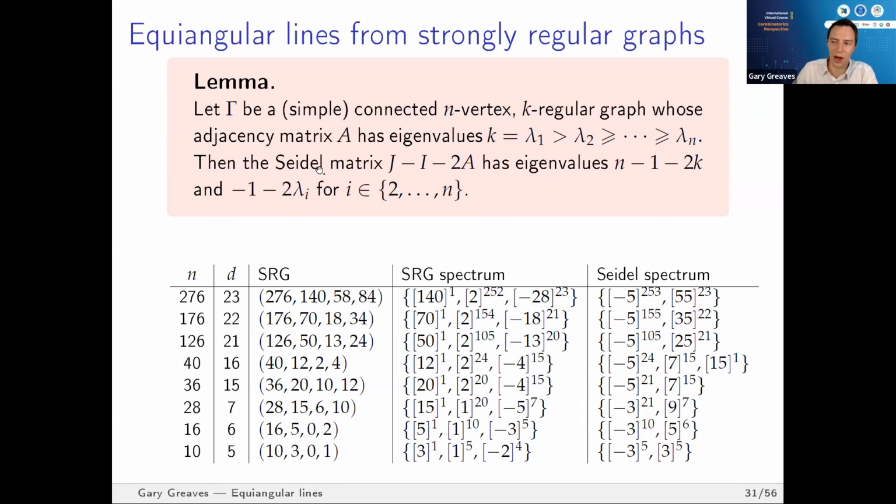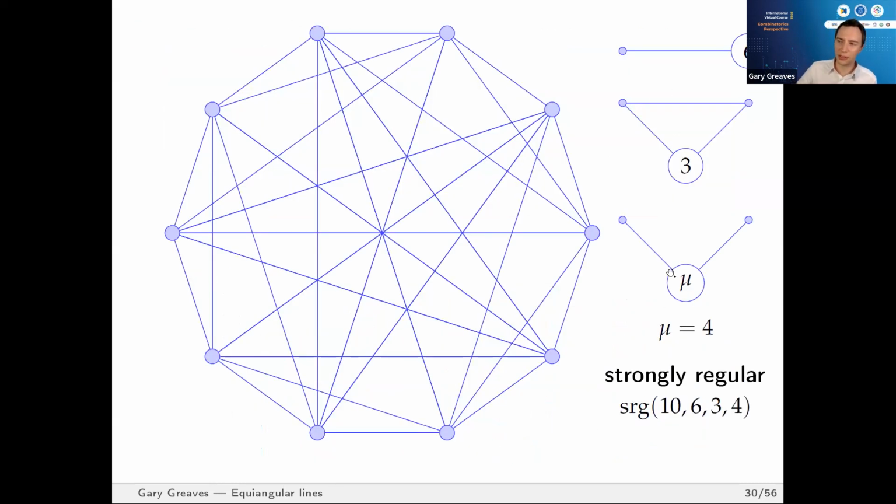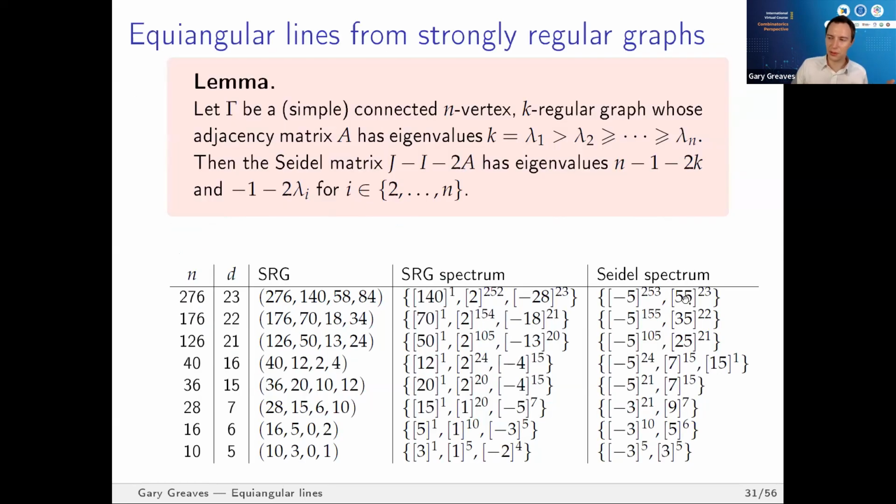Now, for strongly regular graphs, using these properties, k, lambda, and mu, it can be shown that a strongly regular graph will have three distinct eigenvalues. If you have fewer eigenvalues, it's more likely that their multiplicities will be relatively large. And what we want with a good Seidel matrix corresponding to a large construction of equiangular lines is that the smallest eigenvalue should have high multiplicity.